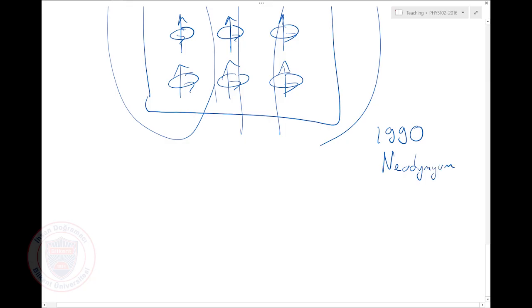I'm not sure if I spelled it correctly. And that really gave wonderful magnets. This new material made the magnetic properties stronger by a factor of almost 10. So now we have very cheap, very good permanent magnets.